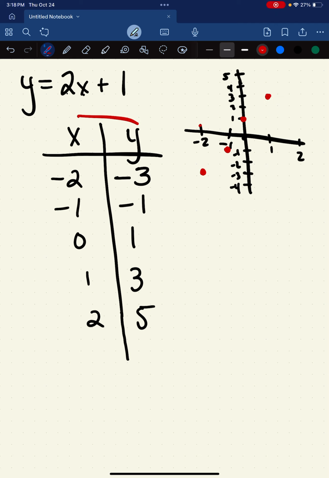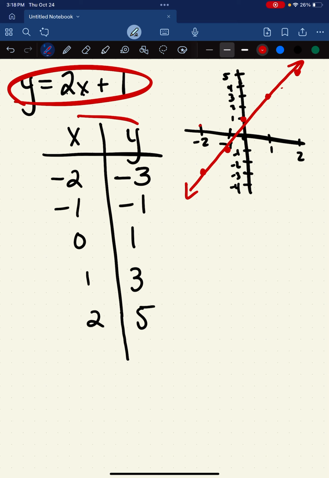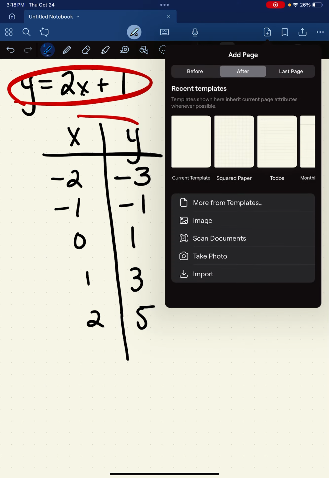Whenever x is 1, y is 3. And whenever x is 2, y is 5. So if you connect all the points in between, and again, I didn't do a perfect job with the axes here, you get a line. And so this equation is a linear equation because it corresponds to a line.